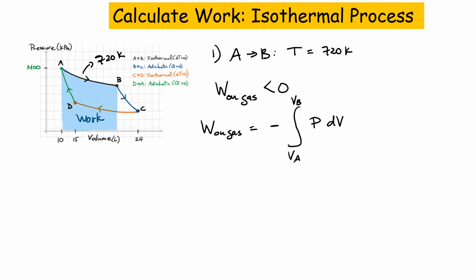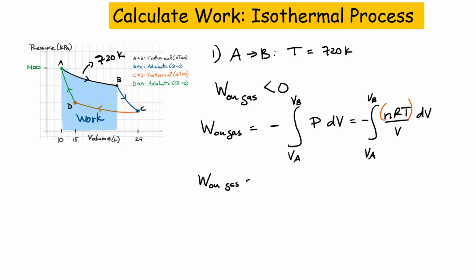Now, the way that you integrate this function is, to get rid of pressure, you simply use the ideal gas law, right? So you have nRT divided by V, then you have dV. Now keep in mind that everything here in the numerator is a constant for this process because it's isothermal, right? So you can take it out of the expression.